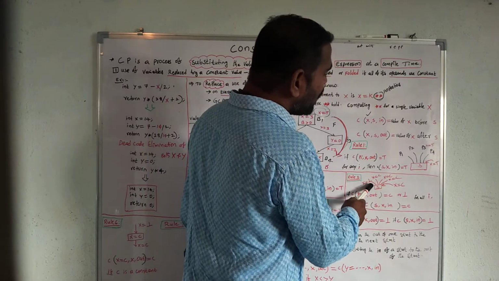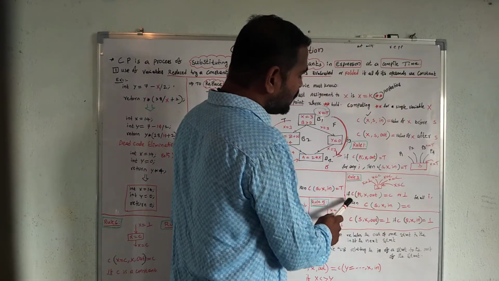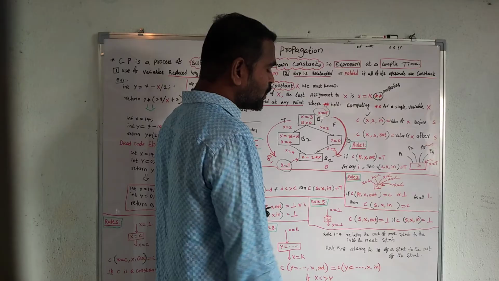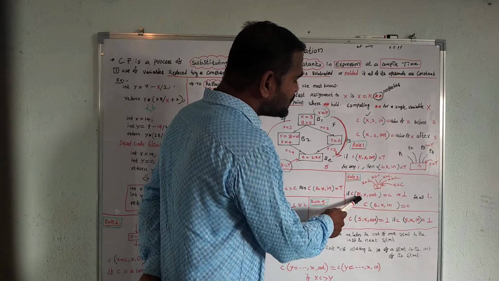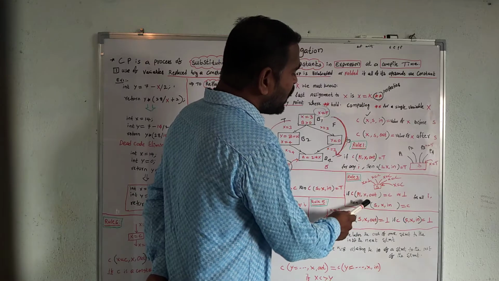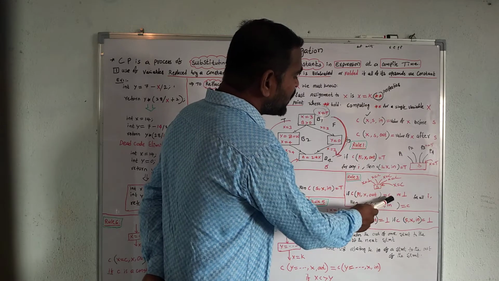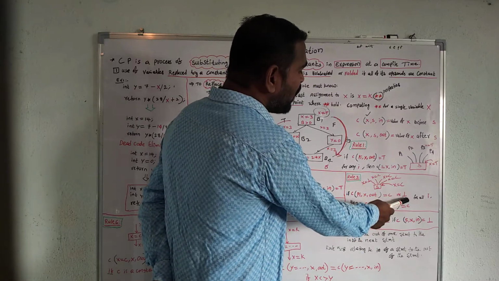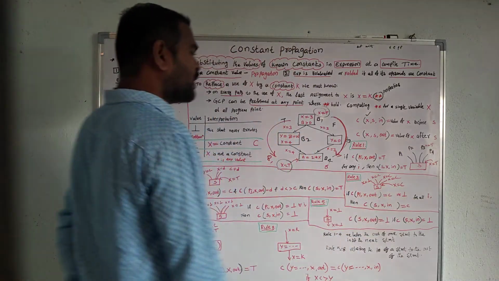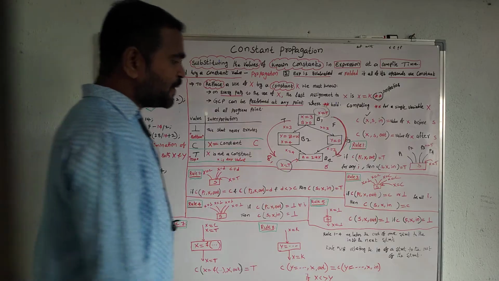So please observe this constant function. In this constant function, the value of predecessor after x, you get the constant value c, or bottom, for all predecessor statements.